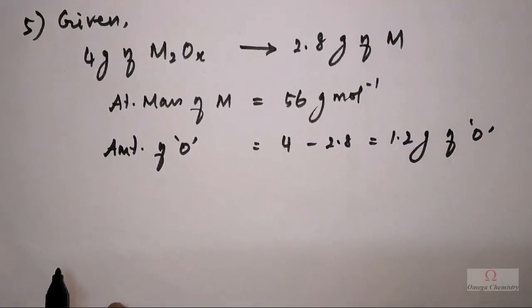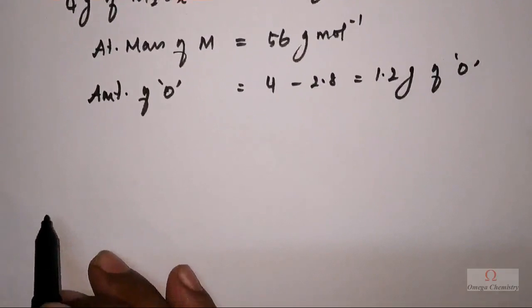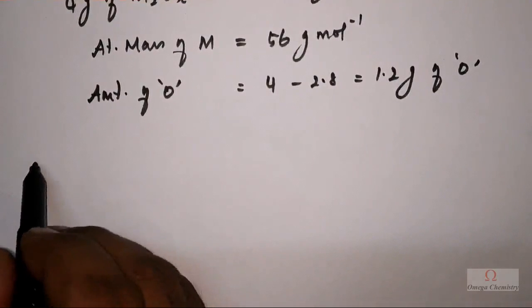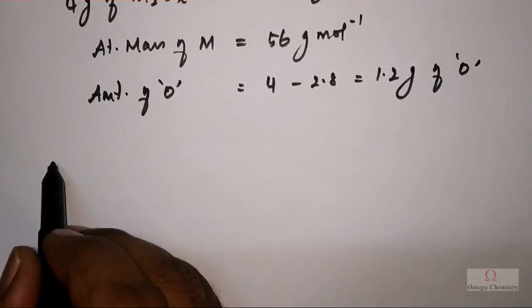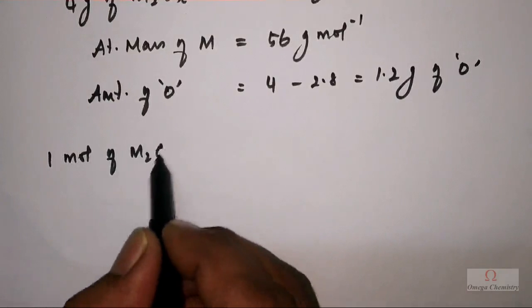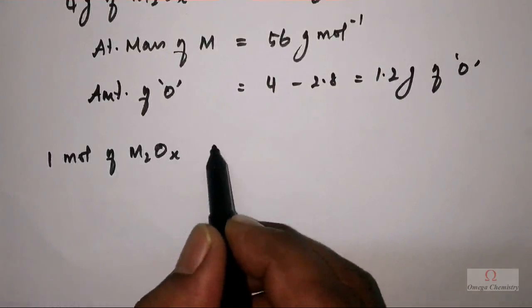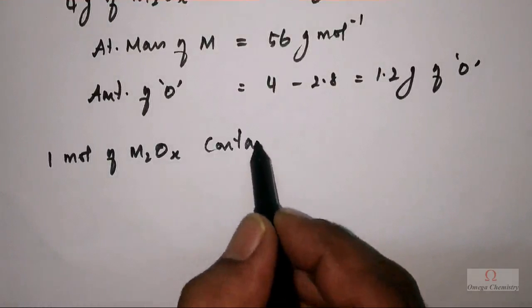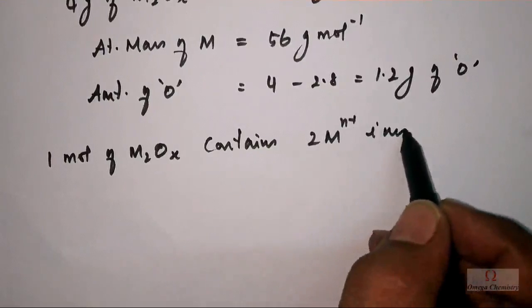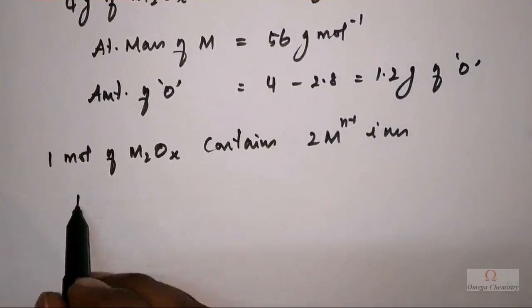Now what I am going to do is calculate the number of moles of my M2Ox, 4 grams. 4 grams is how many moles, that I am going to calculate. Fine, students. So the discussion goes like this: 1 mole of M2Ox contains 2 metal ions, right? 2 metal ions, and I need to retain this in my memory.